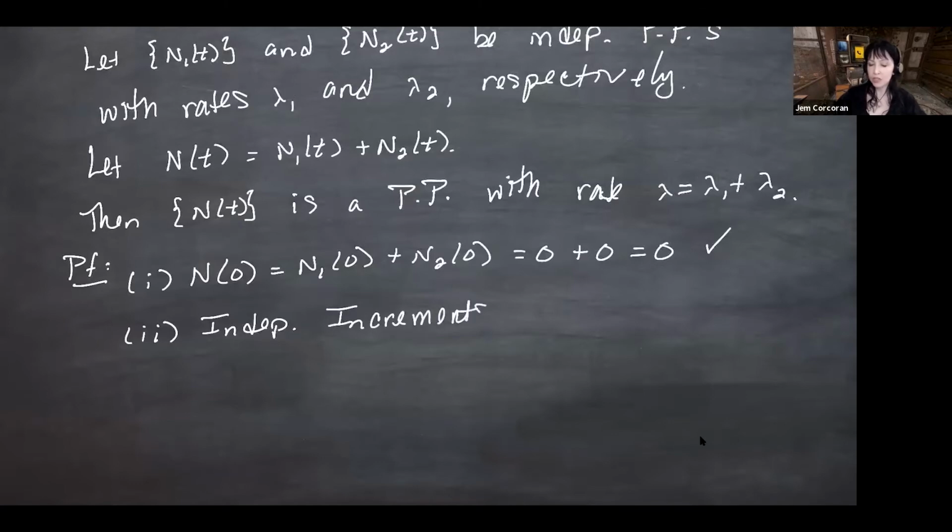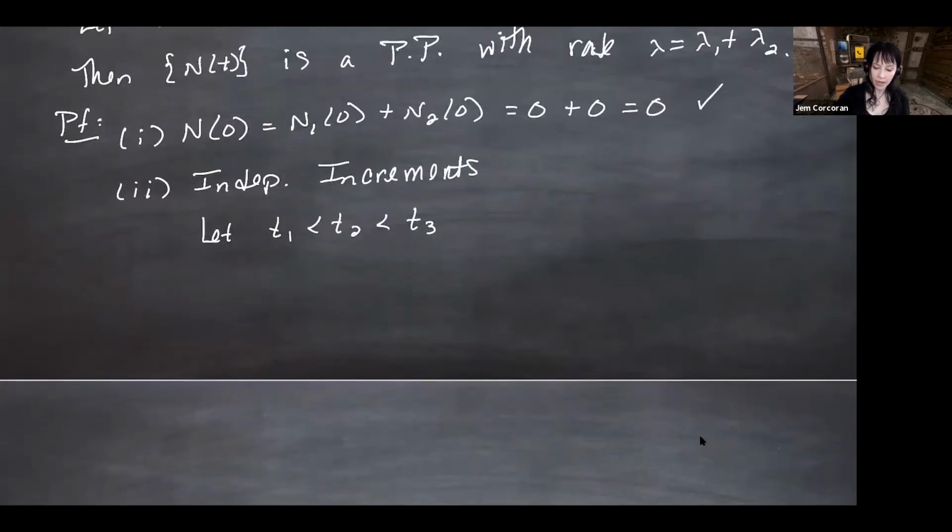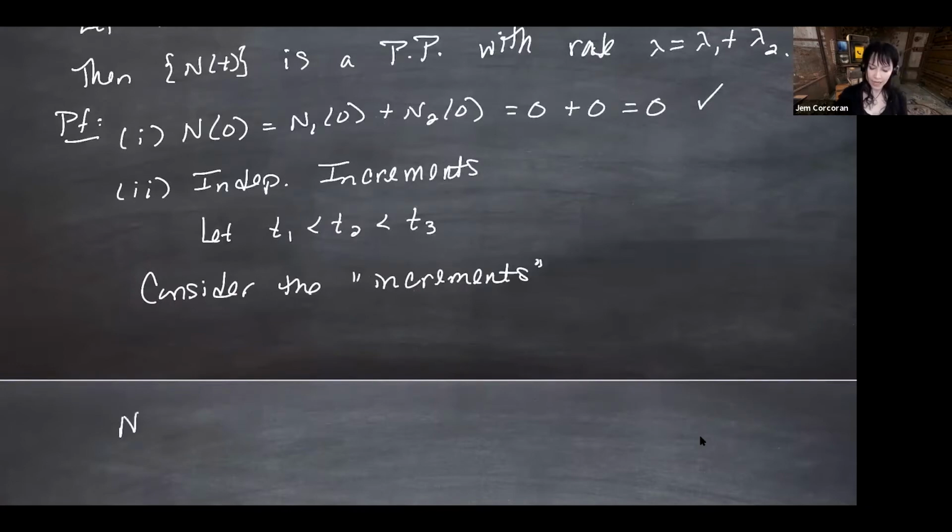So for independent increments, I'm supposed to set up a lot of time points, T1, T2, T3, T4, and look at the differences of the numbers. But really, the entire concept gets across with just 3 time points. So I'm going to let T1 be less than T2, less than T3, and consider 2 increments: N of T2 minus N of T1 and N of T3 minus N of T2.